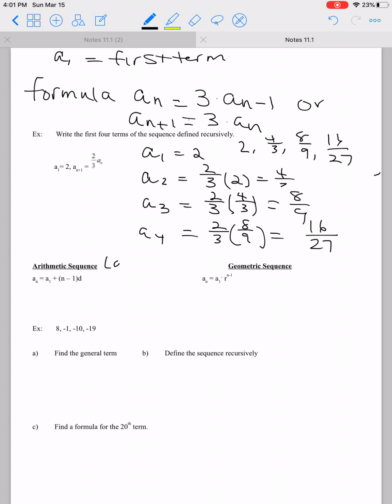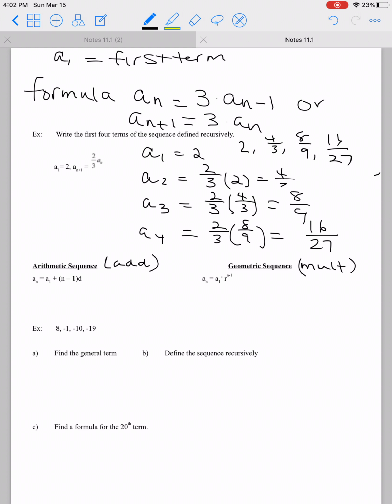And this is where we are adding term to term, and here we are multiplying term to term. And so in our first one, we would look to see what's happening here. As you can see, what's going on is that we're adding -9 each time.